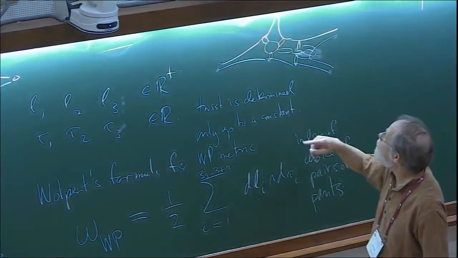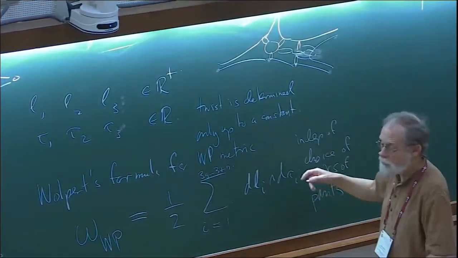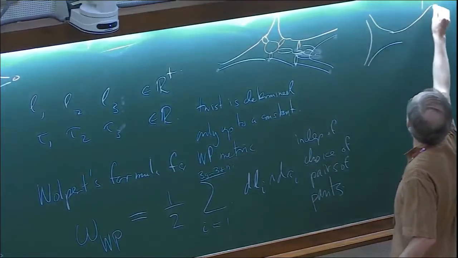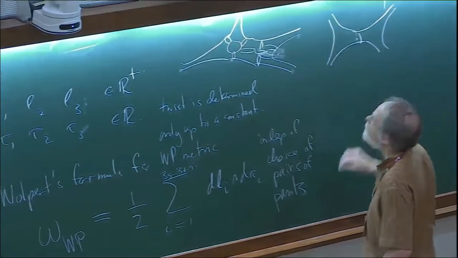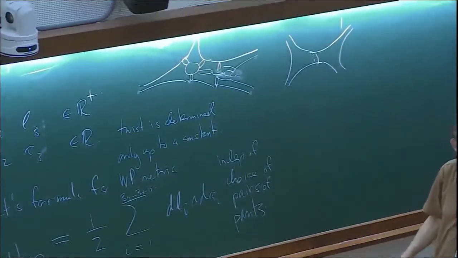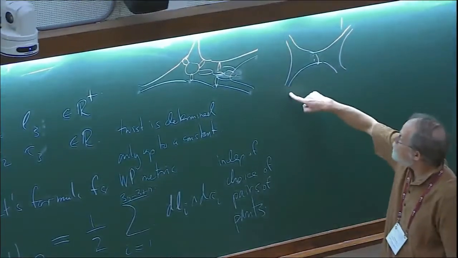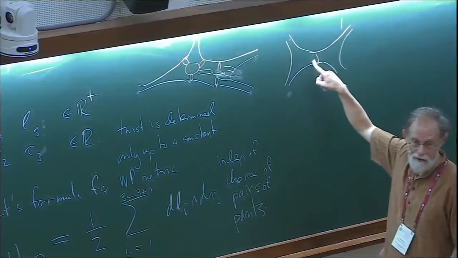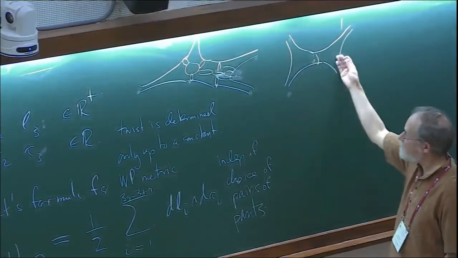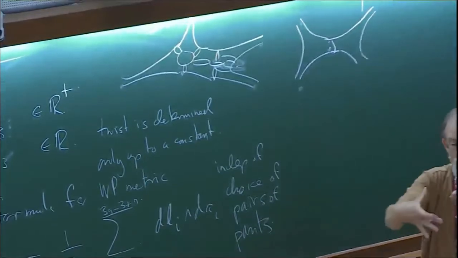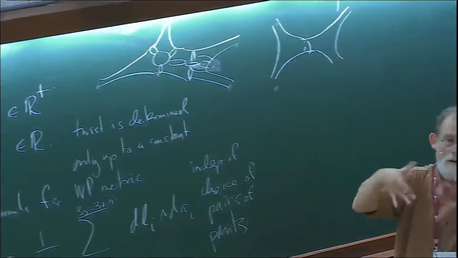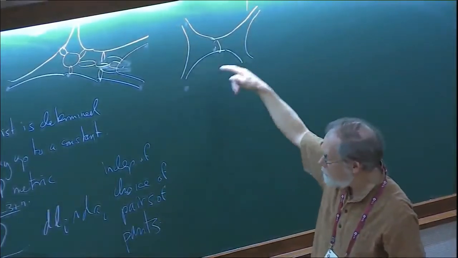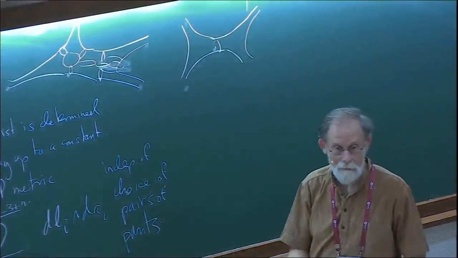I could even have had a pair of pants with 2 cusps. So if I had a sphere with 4 punctures, I'd get 1 waist there, and I'd have a pair of pants with 2 cusp ends, and the only choice is the length here. Same for this side. And then, given the length, you can twist by as much as you like. But the cusps just kind of disappear into the formalism.